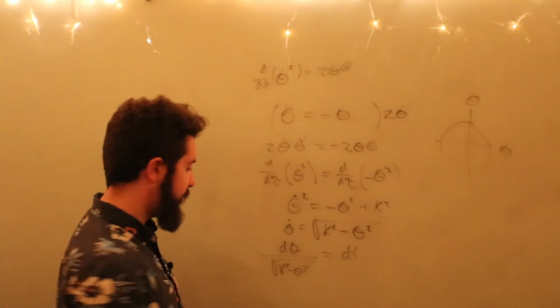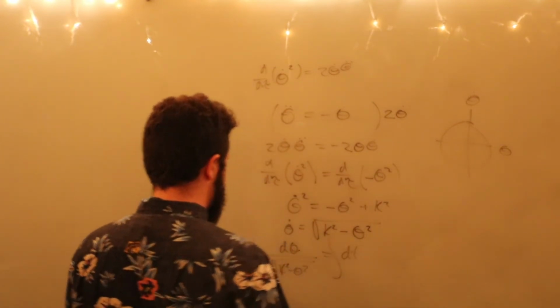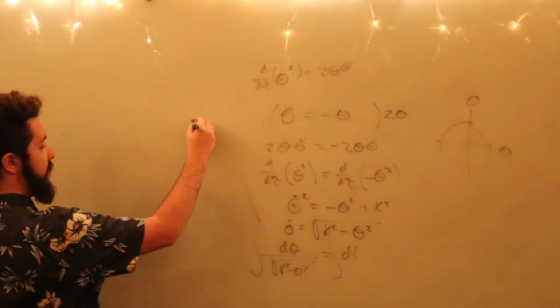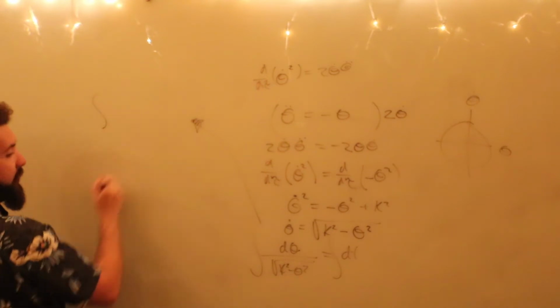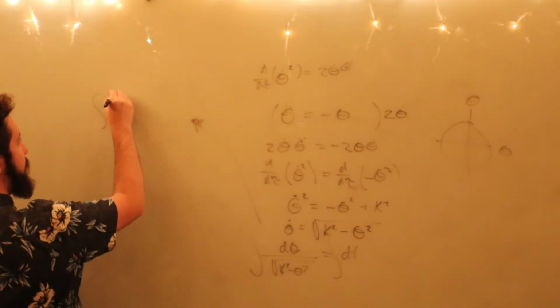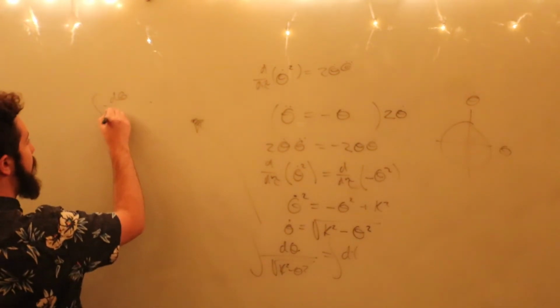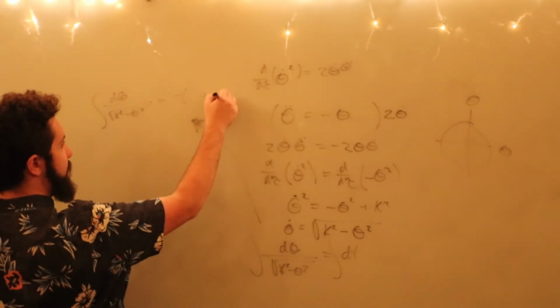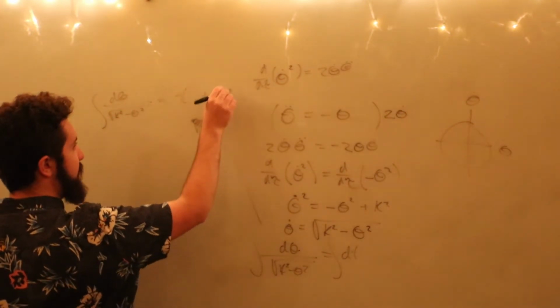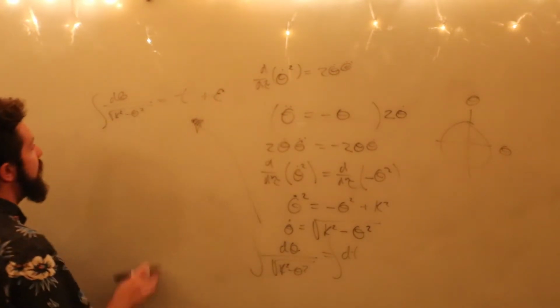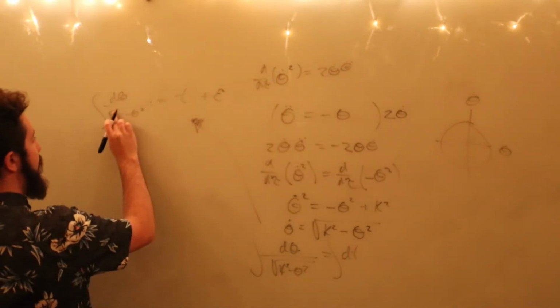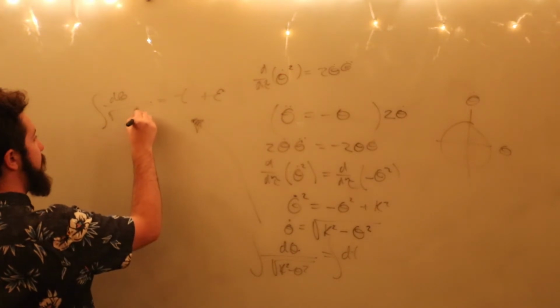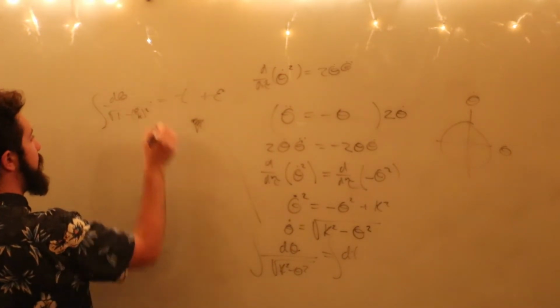This is okay in some cases. We integrate both sides, and what we're going to get is that the integral of d theta over square root of k squared minus theta squared is equal to t plus some other constant, let's call it epsilon.